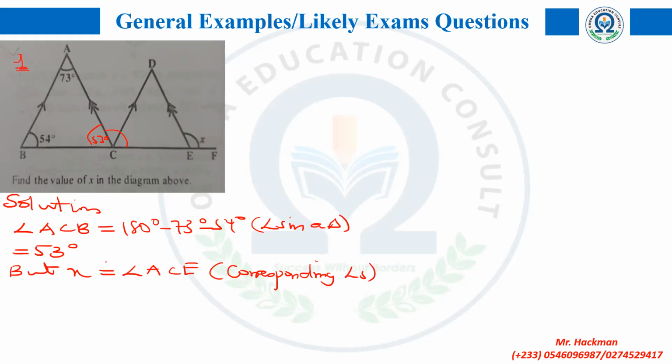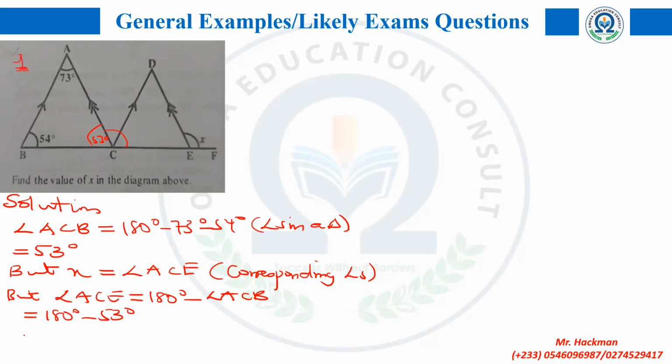Yes, sir. Okay, so now I need to go and find this angle. My angle ACE will be equal to 180 degrees minus this angle that I found, which is ACB. So we are going to get angle ACE equal to 180 degrees minus ACB, which gave us 53 degrees.